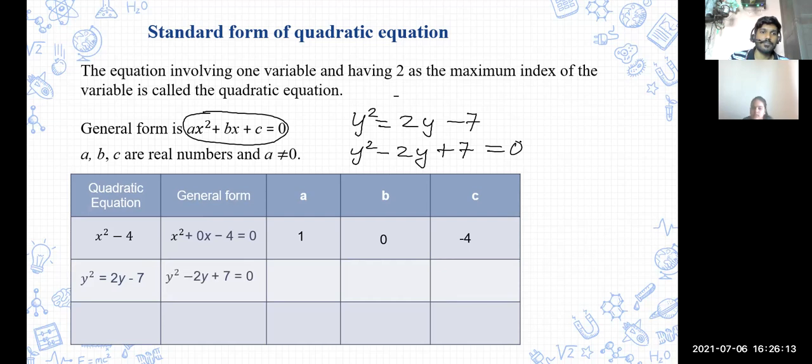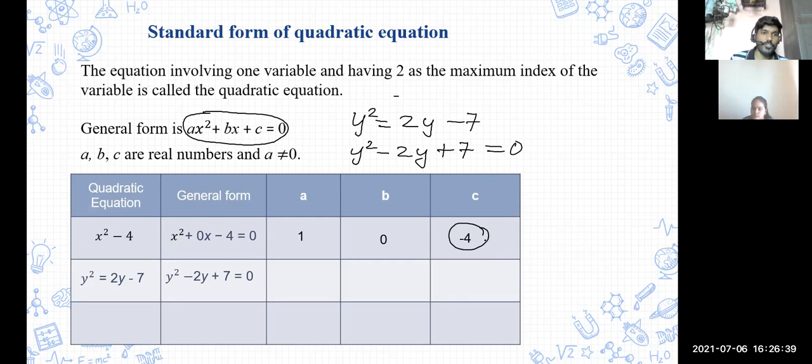It can be plus and minus anywhere, right? Because the general form is all plus. Yes, it can be minus anywhere also. It's just that when you're writing the coefficient, you have to take the minus sign into consideration, like here, how we have taken minus 4. But 0 you will only write 0.